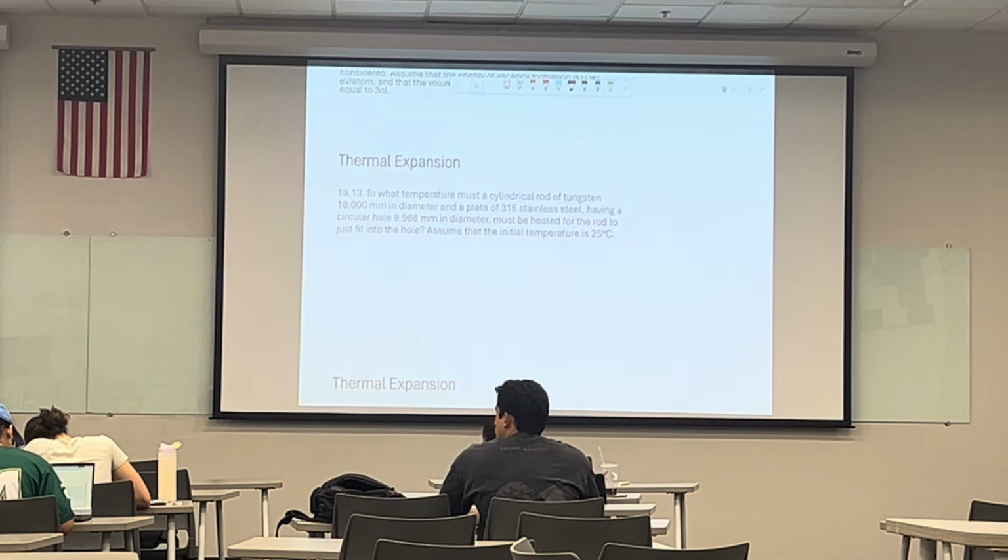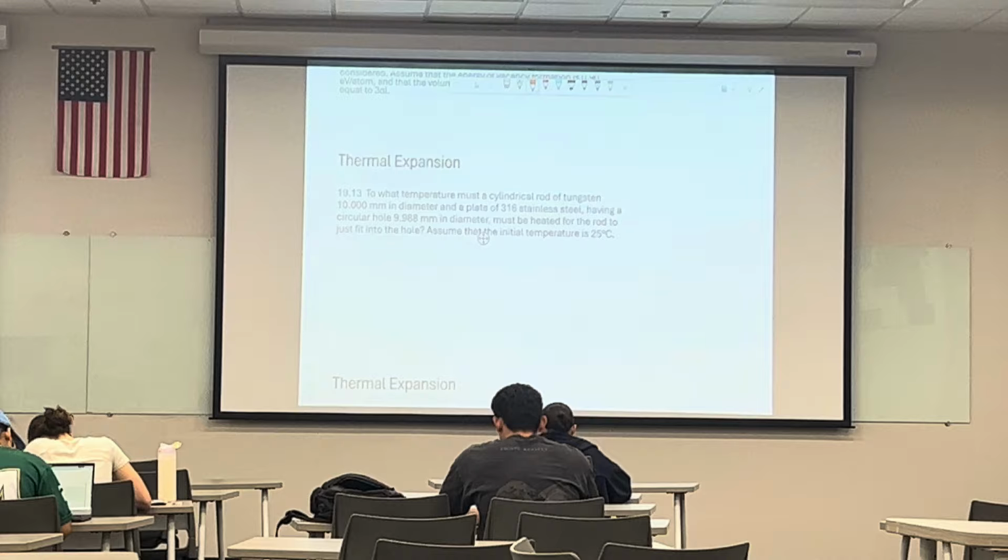Okay, so chapter 19, question number 19.13. It reads, to what temperature must a cylindrical rod of tungsten, 10 millimeters in diameter, and a plate of 316 stainless steel, which has a circular hole 9.98 millimeters in diameter, be heated?